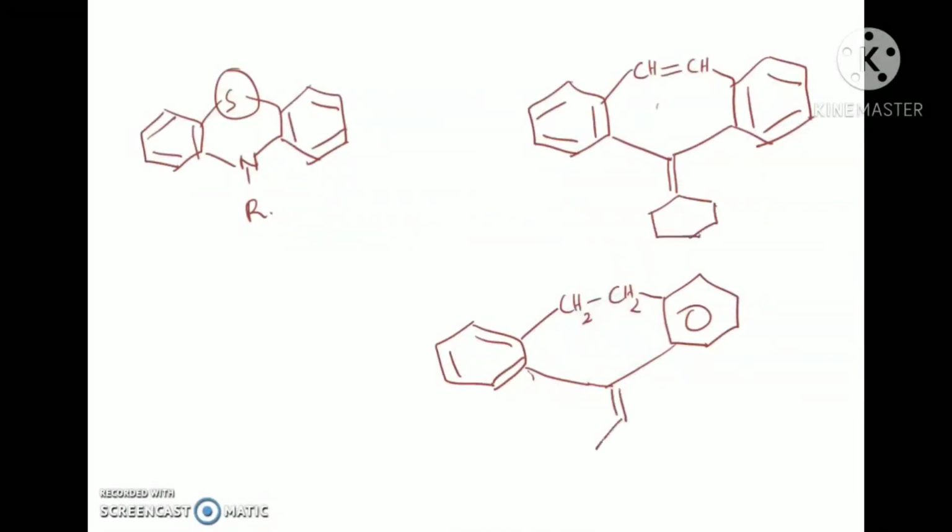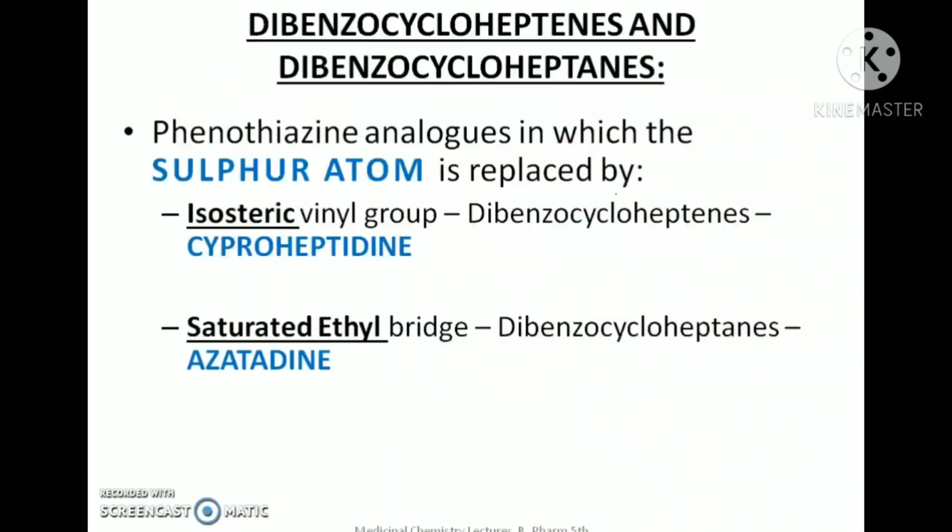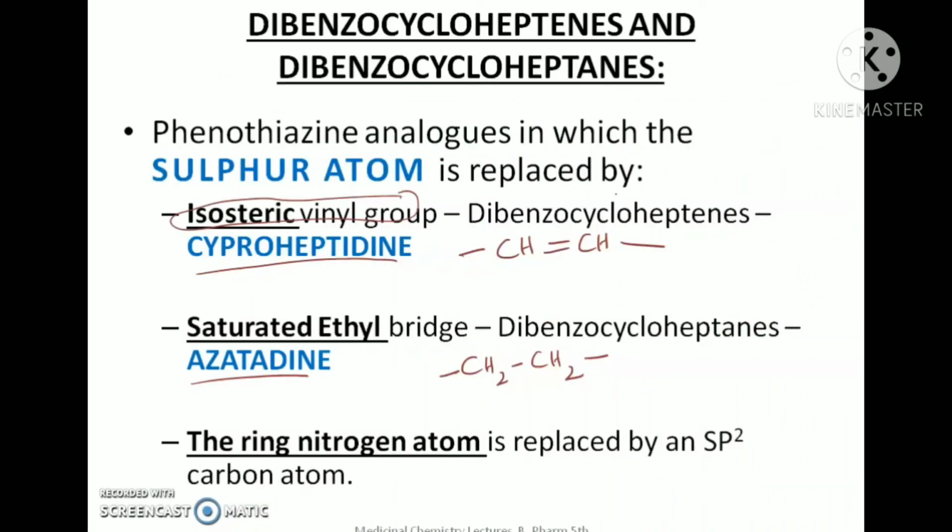Also, the ring nitrogen atom is replaced by an sp2 carbon atom, carbon-carbon double bond, and that sp2 carbon-carbon double bond is connected to a piperidine ring.